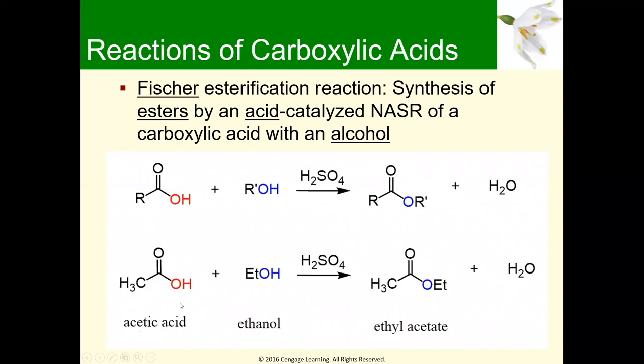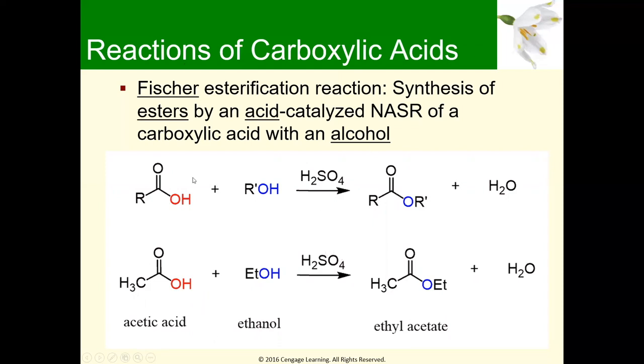We can start with acetic acid reacted with ethanol with an acid catalyst, and you get this ester called ethyl acetate. The ethyl alcohol ends up where the OH was, and the rest of the molecule stays the same. So know how to convert a carboxylic acid and an alcohol into an ester via the Fischer esterification reaction.